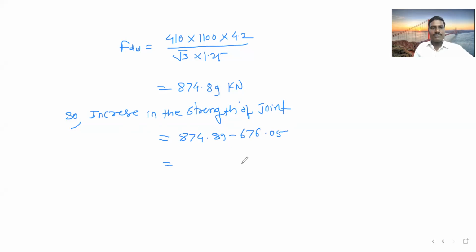So how much is this difference? 198.84 kilonewton. It means if the 250 length is increased, then 198.84 kilonewton strength is increased. So this much increase in strength if we weld the 4th side, that is the 250 mm side.